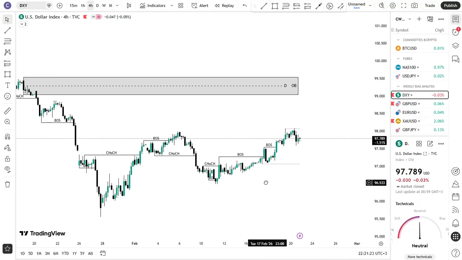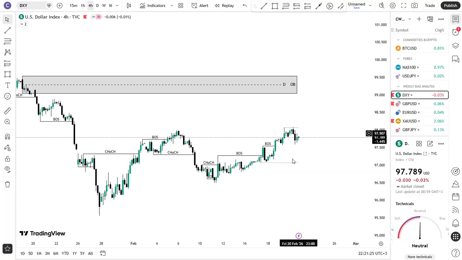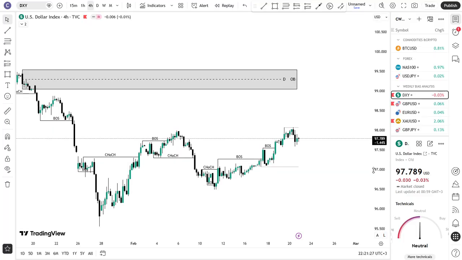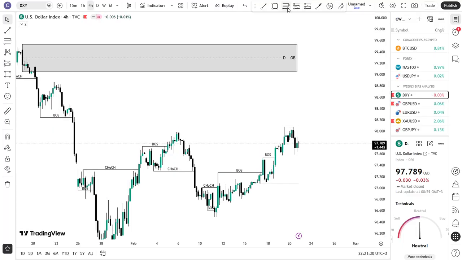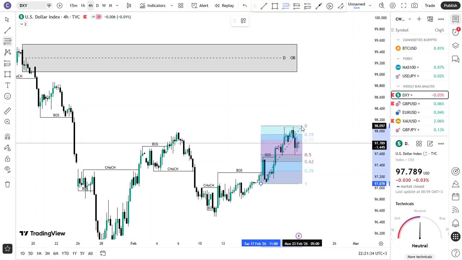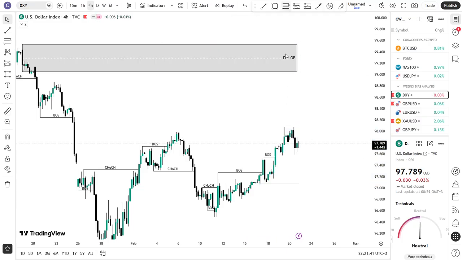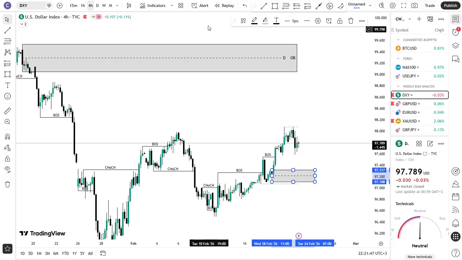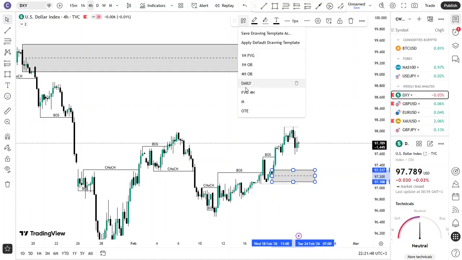But if you want to ride on this move, sometimes I normally draw my fib. At the moment we are at the 50% equilibrium level, and also we have this order block here, that's on the 4 hour time frame.